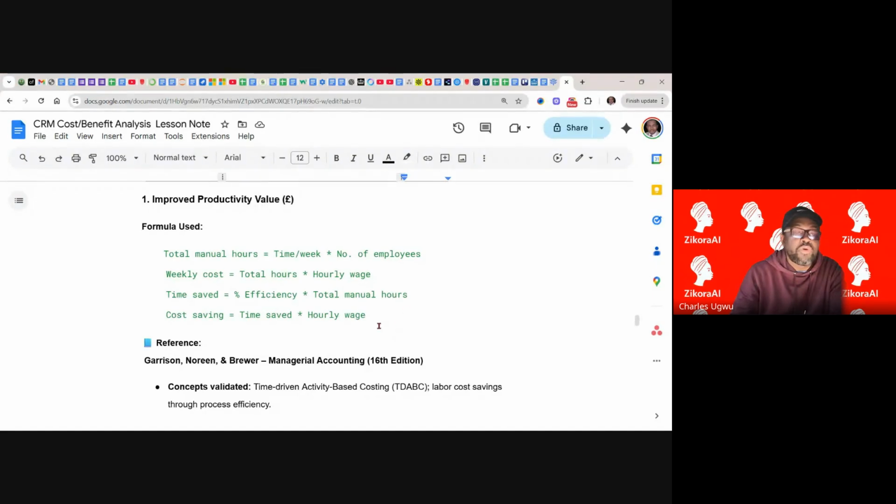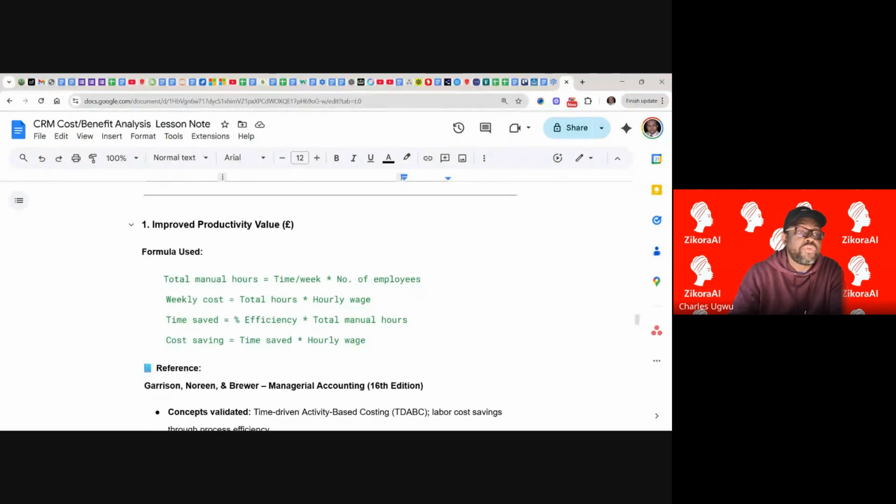So you are free to use this formula anyhow because it's validated, more especially when you are trying to get improved productivity value. So here you say total manual hours equals hours per week times number of employees, and so on.